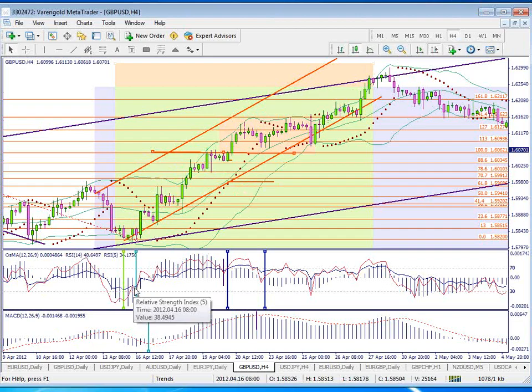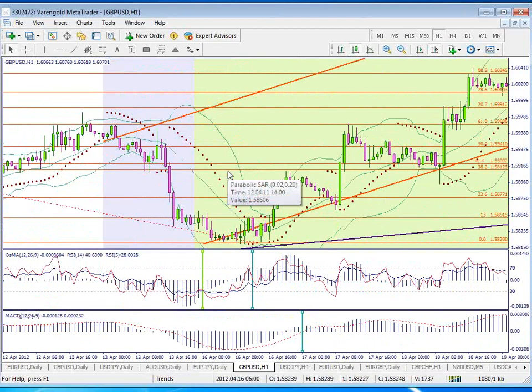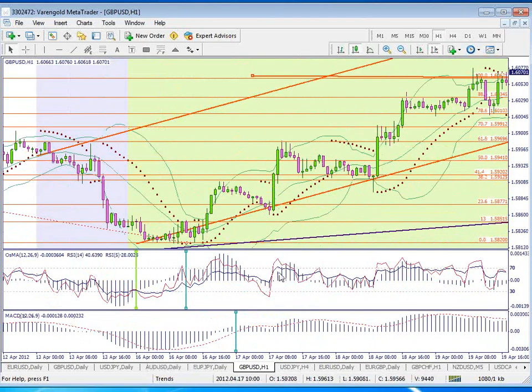I have a buy signal on 4 hour time frame here and here. And if I'm going to a smaller time frame, I will have more signals for sell and buy. So here was a signal, here was a signal. I have a lot of signals for buy.